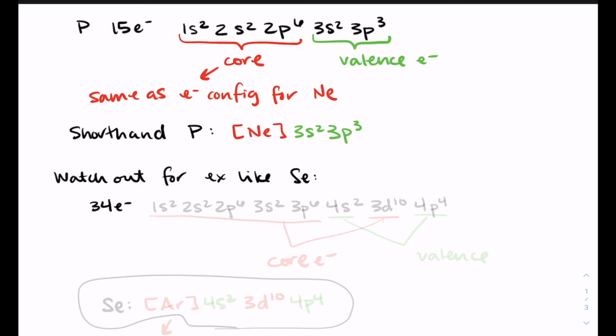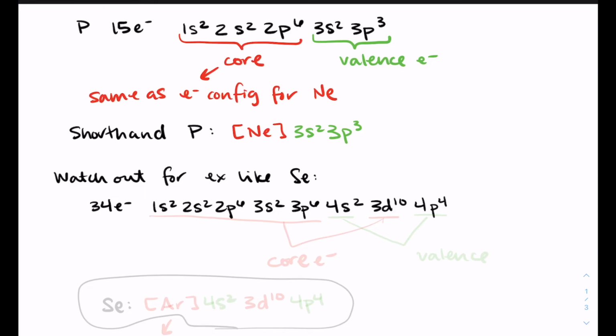After 3p, we go to 4s. So 4s2, then we go to 3d. And I have enough to fill all of 3d. So 3d10, and then 4p4. That's my electron configuration for selenium.